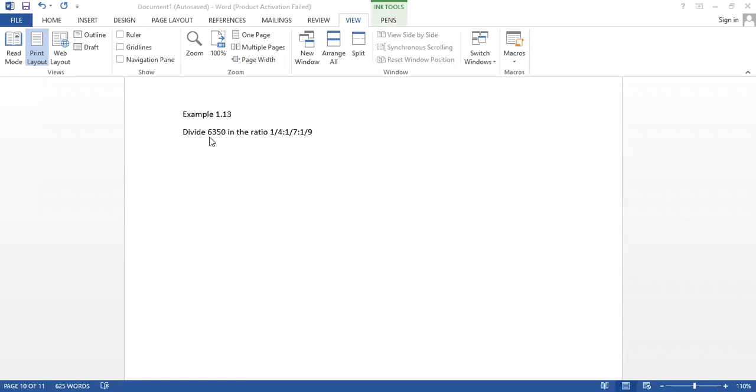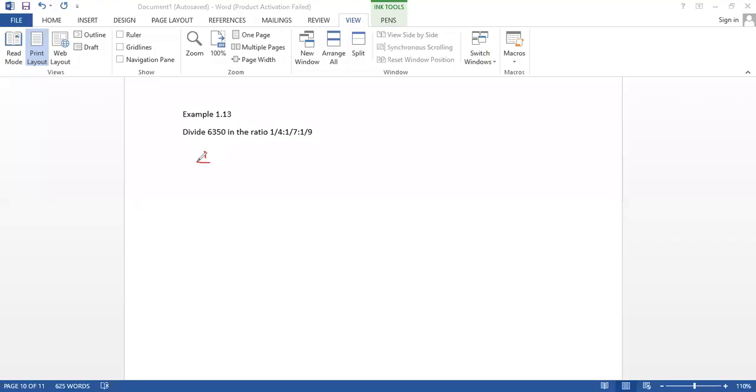Now you're supposed to divide 6,350 again in the ratio. The problem over here is that we have a fraction, so the first thing we should do is eliminate this fraction. So we have the ratio 1/4:1/7:1/9. To finish off the fractions, I'm going to take the LCM of 4, 7, and 9.